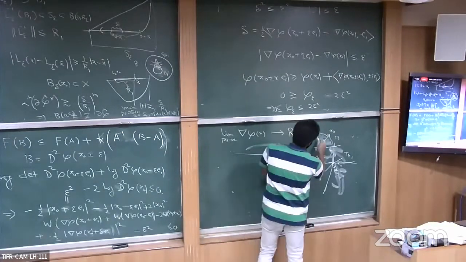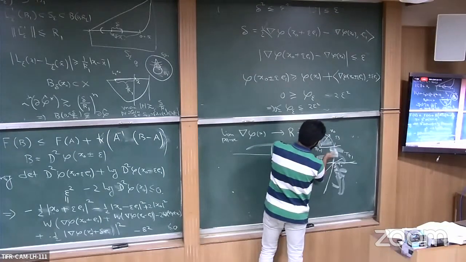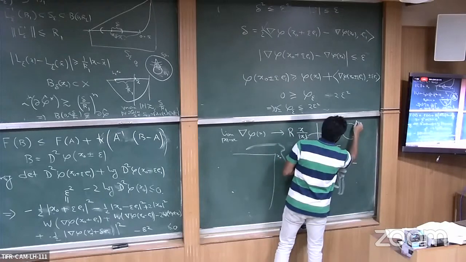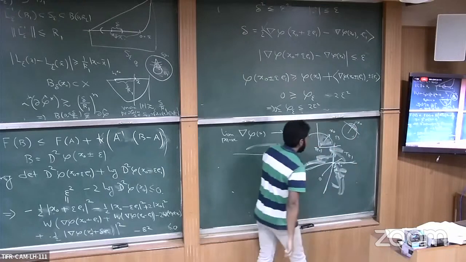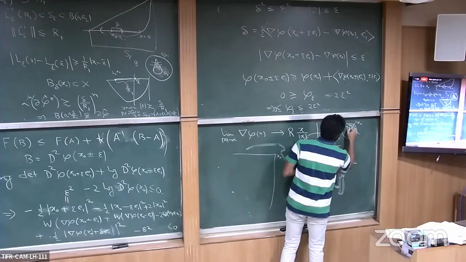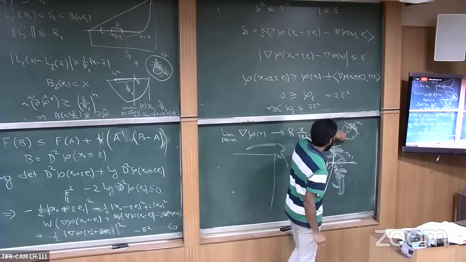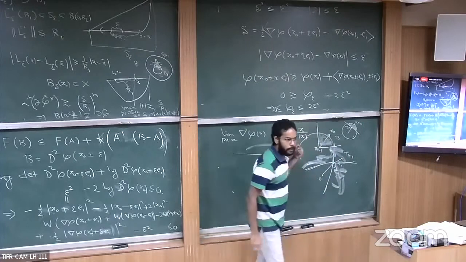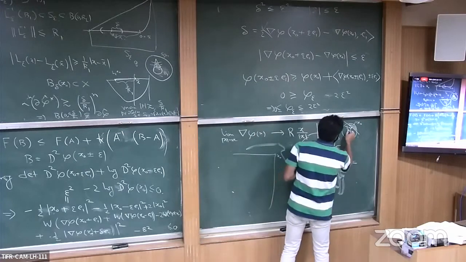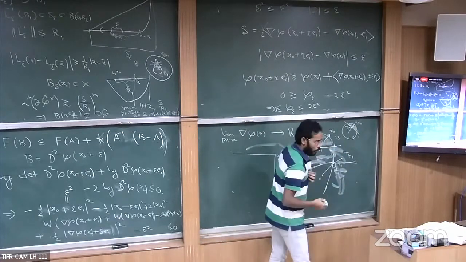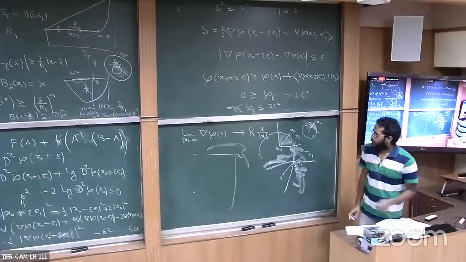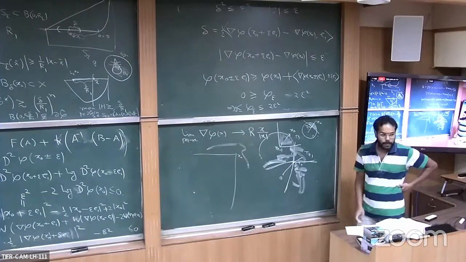If the angle is sufficiently flat, then if this is your x naught, this portion goes to 0 as this is your 2x naught. Either of these portions goes to 0, which in turn gives you that Tx naught should converge in the direction of x. I'm sorry that I took so much time. This is the main idea.